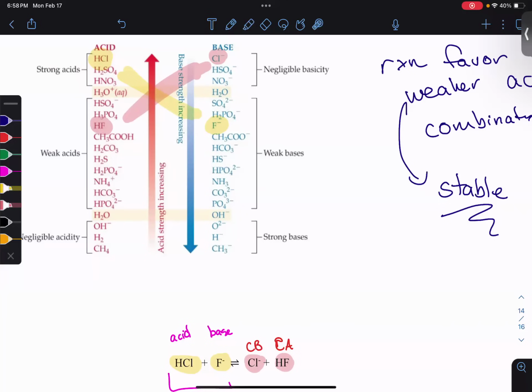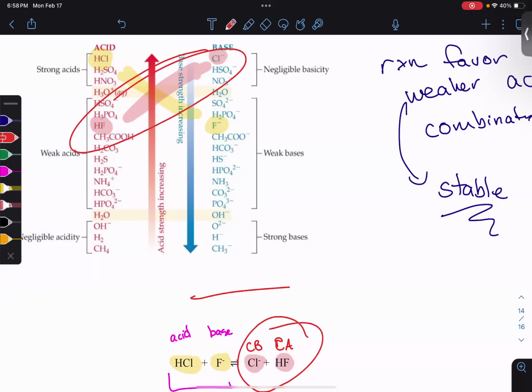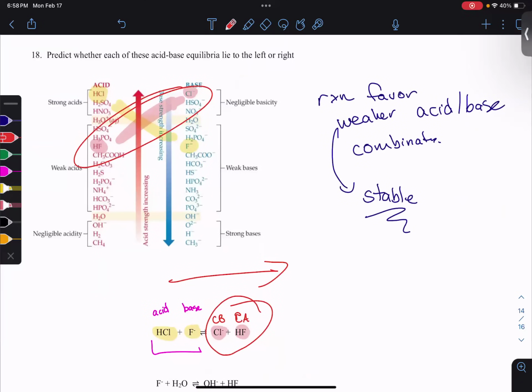Which one has the weaker set, the reactants or the products? Yes, the product. The product has the weaker base, and the product has the weaker acid. So this reaction favors the product side. Is that the right side? Yes.